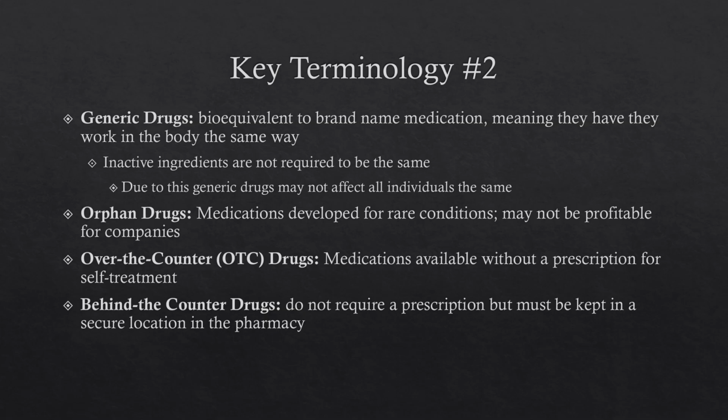And one important thing to remember is when you are asking patients for a medication list, you want to make sure you ask for prescription and over-the-counter medications as well as vitamins, because they will sometimes not understand that they need to tell you a full list of everything they're taking.